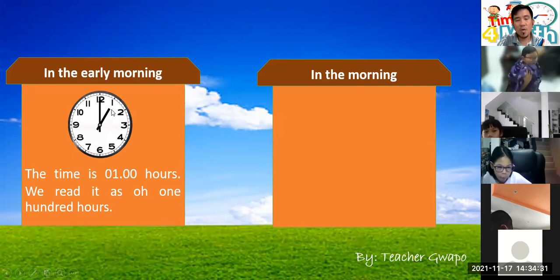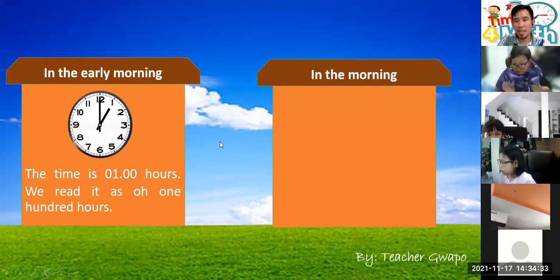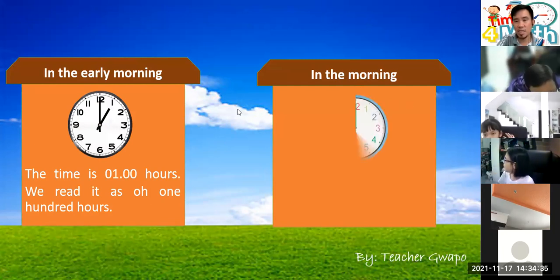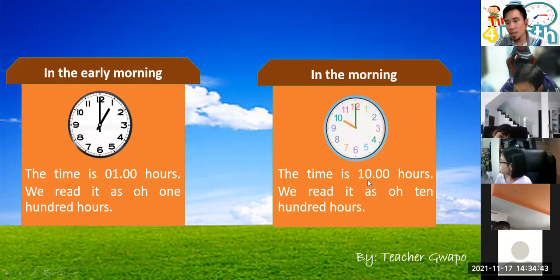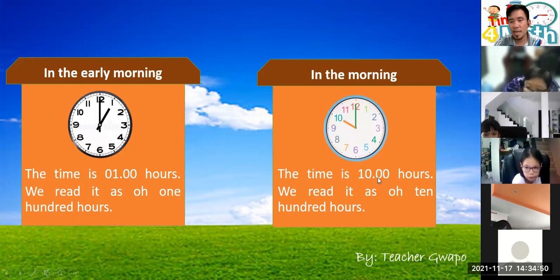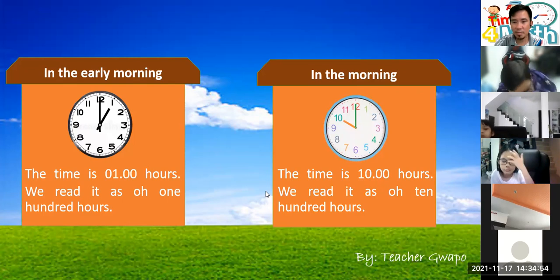And on the other side, this one is in the morning. The clock shows 1000 hours, and we write it this way. This is called 1000 hours.